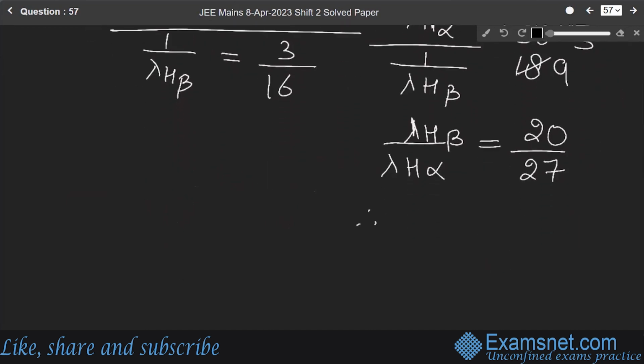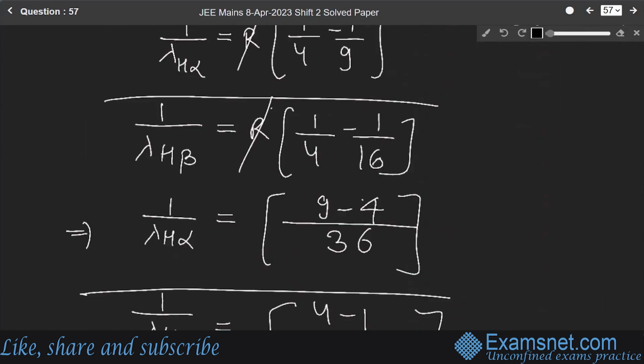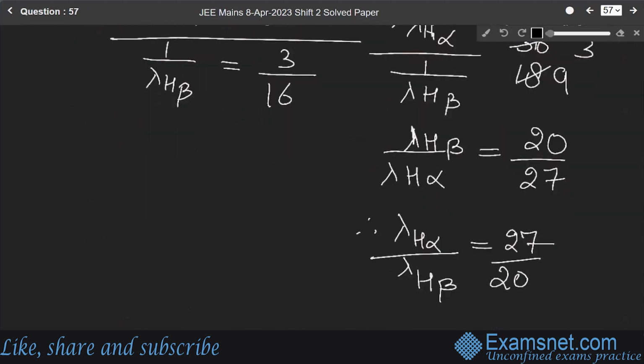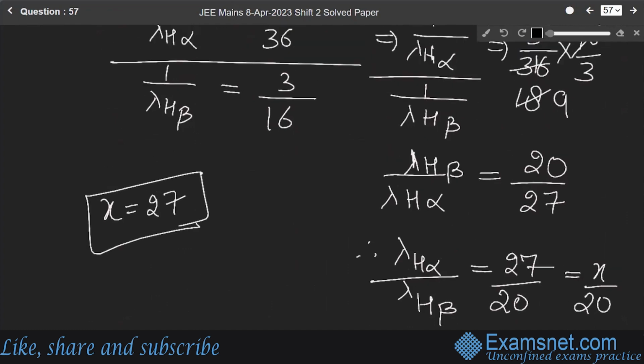Therefore lambda H alpha over lambda H beta is equal to 27 over 20. Now comparing it with the given value x over 20, the value of x is equal to 27. So the correct answer is 27.